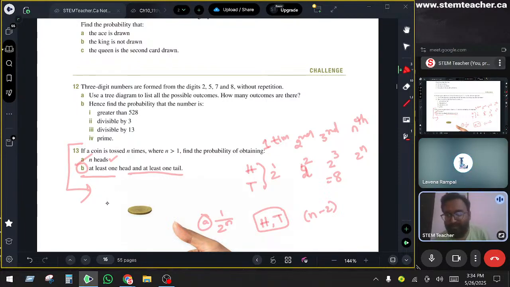Total outcomes are 2 power n, and the favorable are all but 2. So it's 2 power n minus 2 over 2 power n, or you can say 1 minus 2 over 2 power n, meaning except those two, 1 minus those two. The answer is 2 power n minus 2 by 2 power n, or 1 minus 2 by 2 power n.